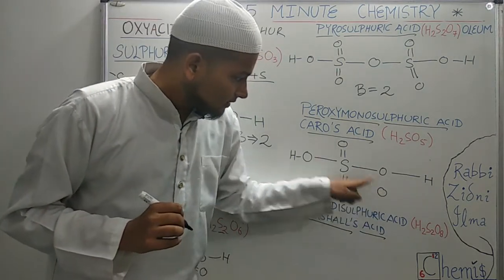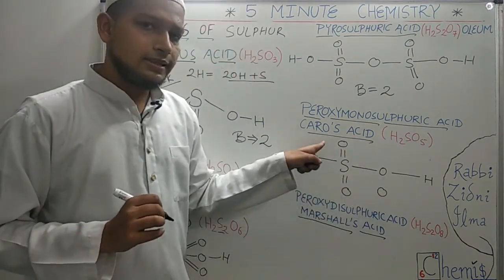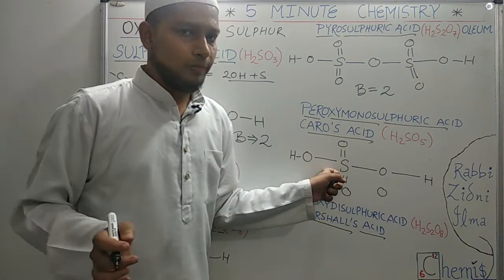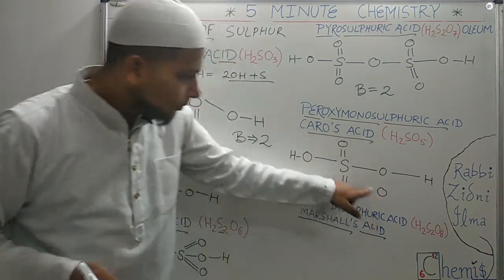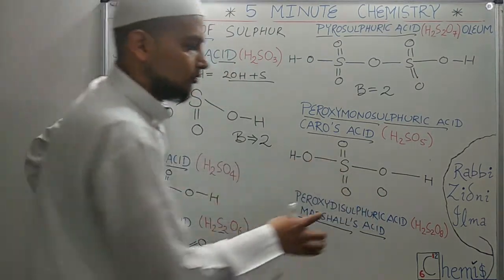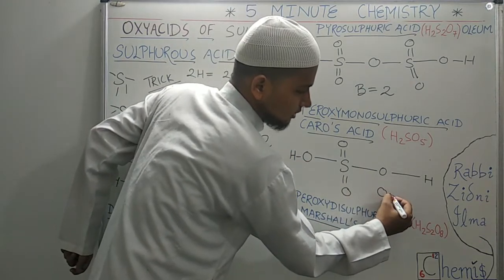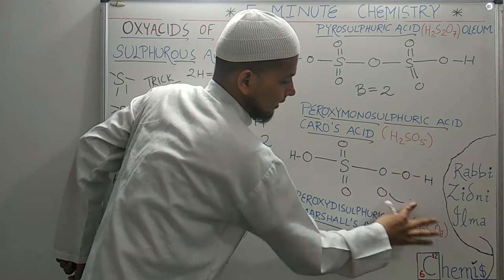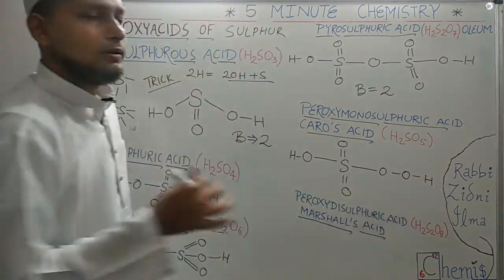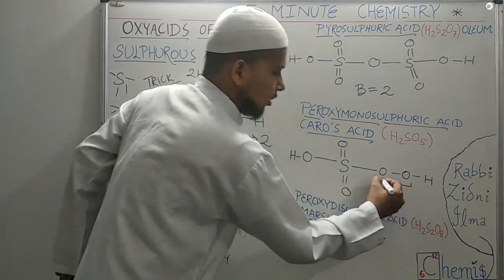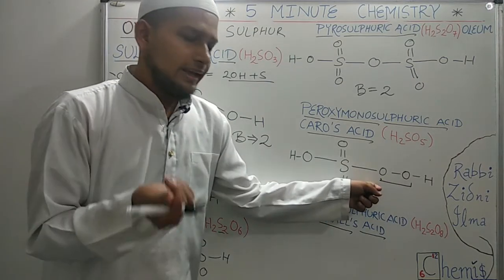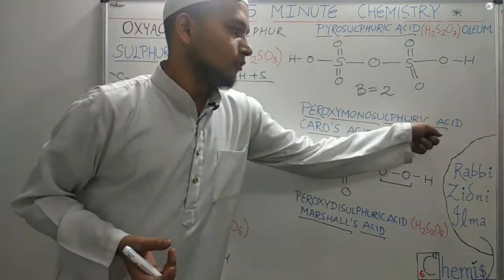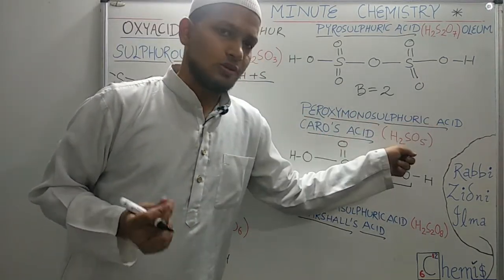Because sulfur has completed its valency, 6 bonds all formed, so this oxygen cannot be attached to sulfur. So what we will do? We will shift this oxygen here and it will look like that, and all the problems are gone. However, this bond is what? A peroxide linkage. So the name comes peroxymonosulfuric acid, Caro's acid, H2SO5.